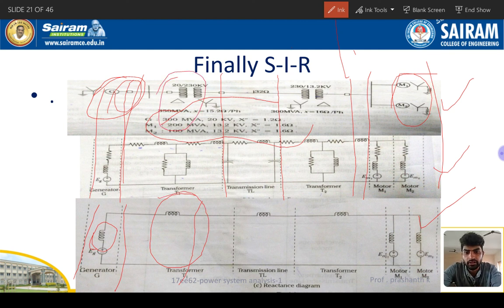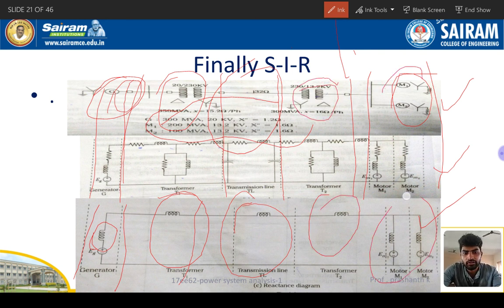This one is the transmission line; see here, the capacitance and inductive reactance are eliminated. Another one is the step-down transformer, and then these two motors. So this is an overview of the single line diagram, impedance diagram, and reactance diagram.